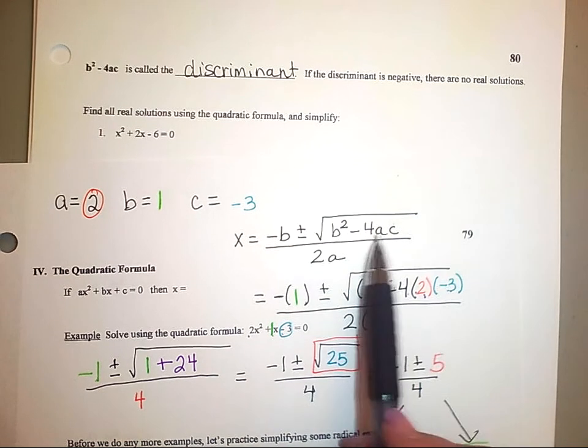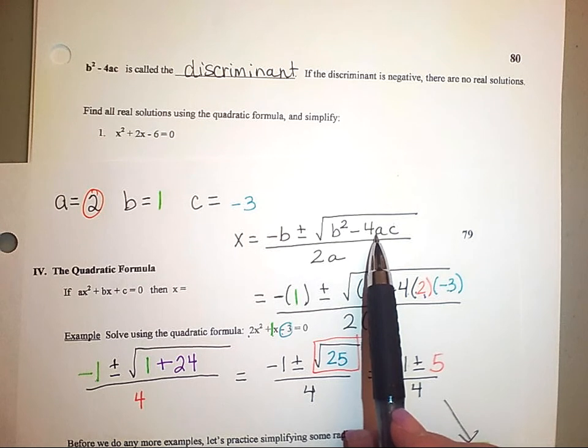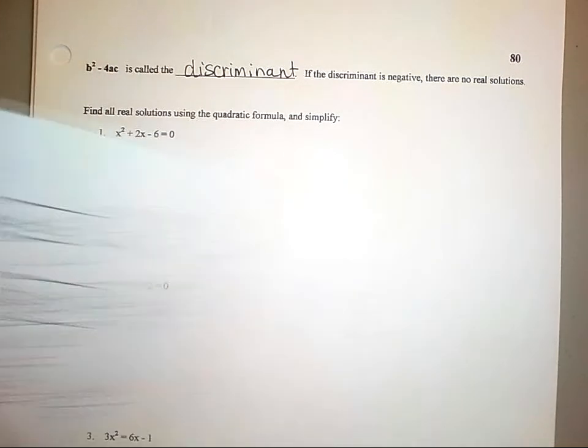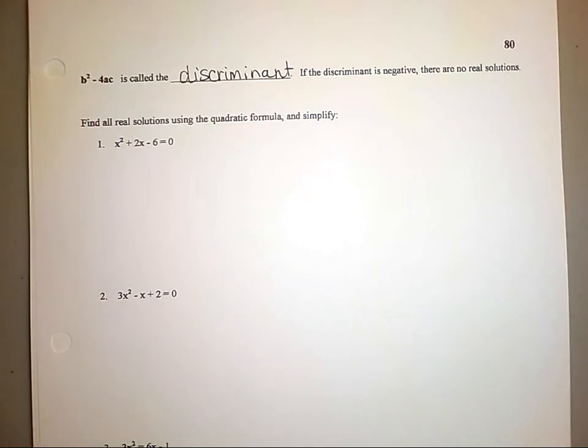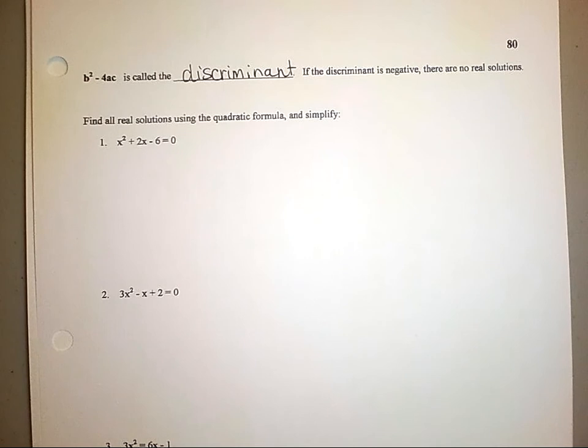Say if b squared minus 4ac equals negative 2, we're taking the square root of a negative number, and the square root of a negative number is imaginary. So that's what this is saying. So let's work through these solutions, these quadratic equations, and see if we can determine what's happening here.